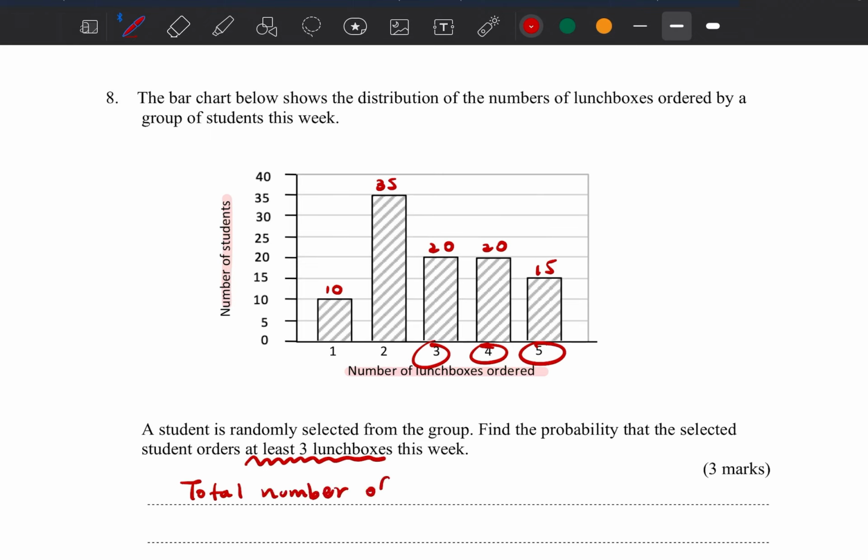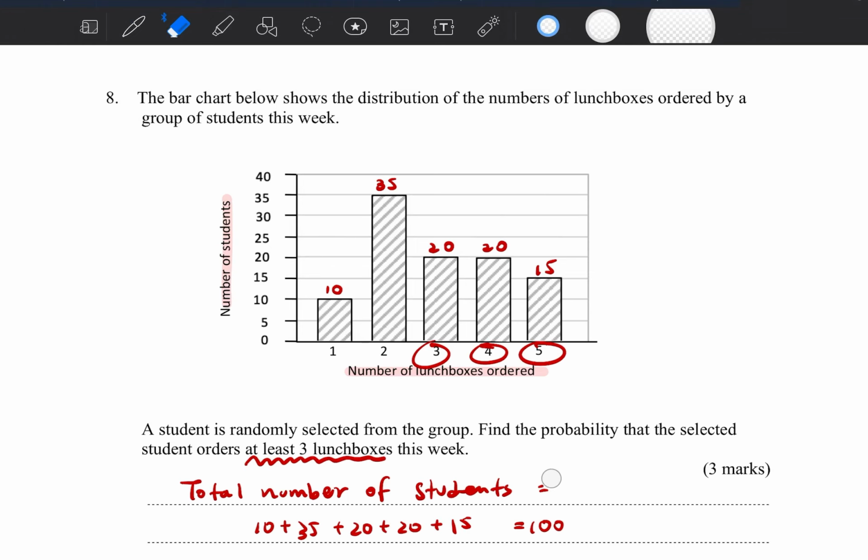So the total number of students you can find first, which is your 10 plus 35 plus 20 plus 20 plus 15. So the total amount of people is 100.